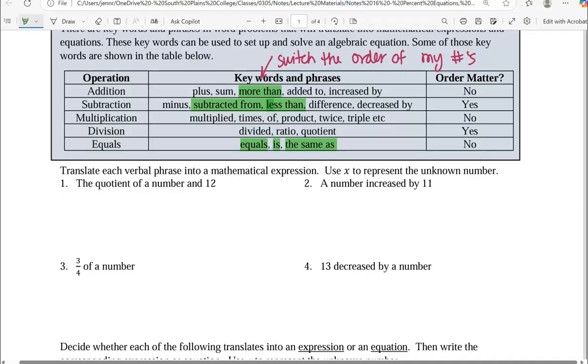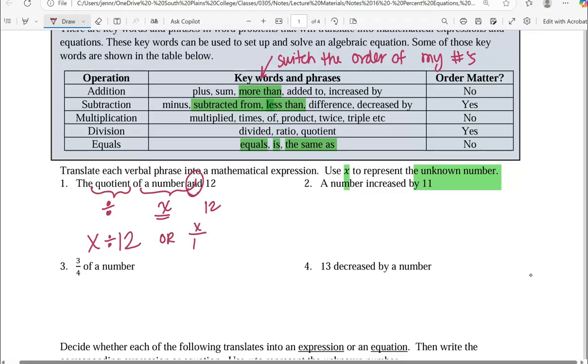Anytime they say a number, I'm going to use x as my placeholder. So the quotient tells me I'm going to divide a number. I'm going to use x and 12. That is telling me take the first thing, x, and divide it by the second thing, 12. You can write it side by side, or you can stack it in a fraction.